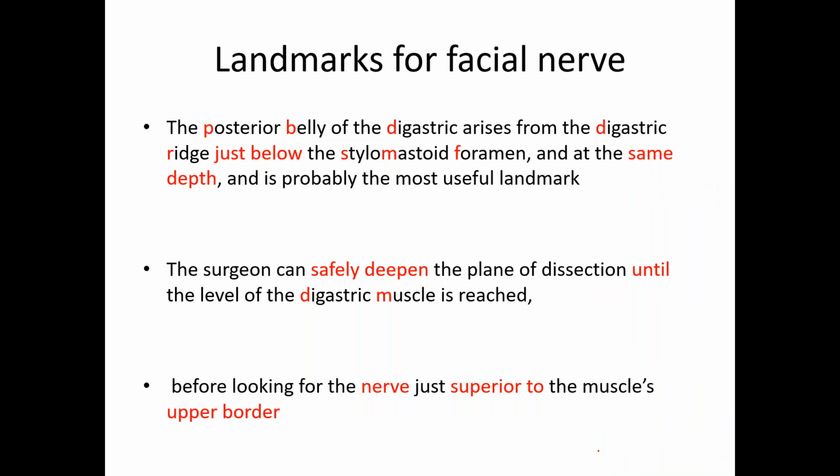So the landmarks for the facial nerve. This is the posterior belly of digastric. If you take this, for example, this is the mastoid process and this is the styloid process. Here is the stylomastoid foramen. Here the posterior belly of digastric is attached. From here it goes to the hyoid bone, and then towards the mandible like this.